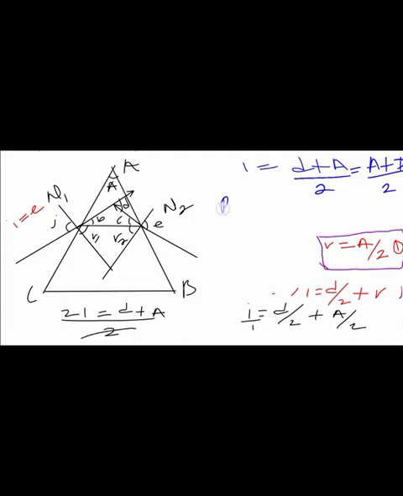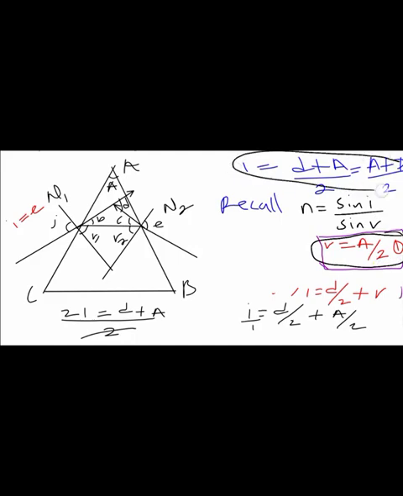Let's recall that according to Snell's law, n is equal to sine I over sine R. And we have that our R is this, while our I is this.